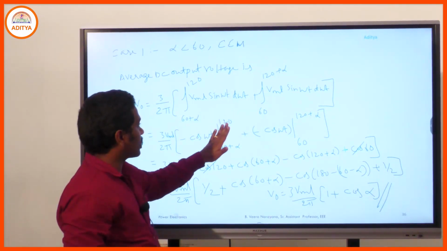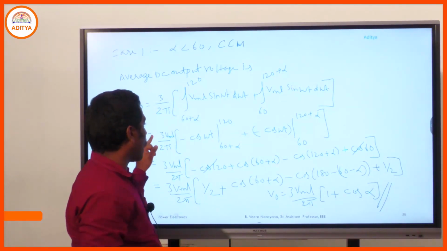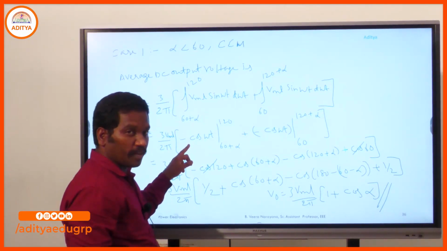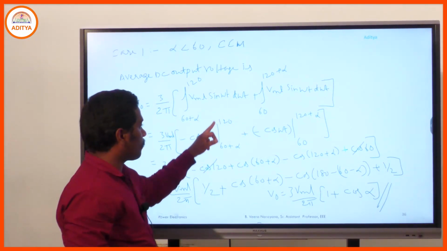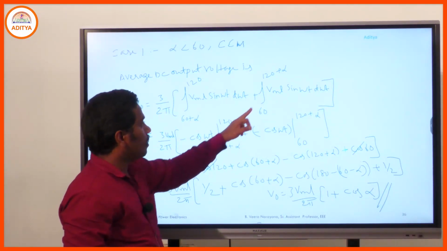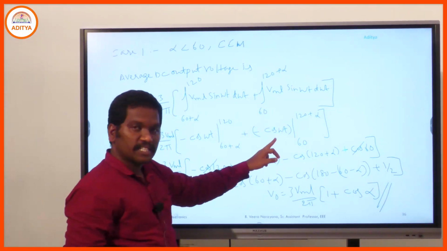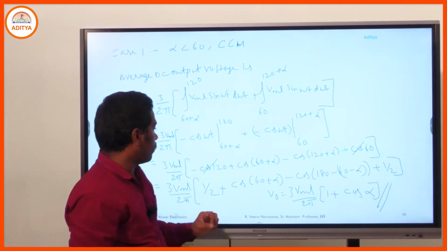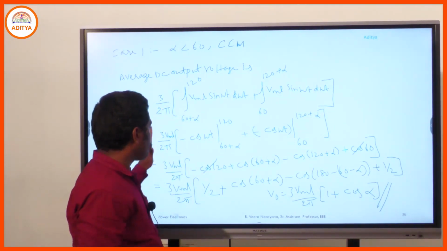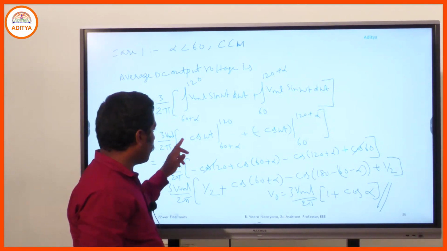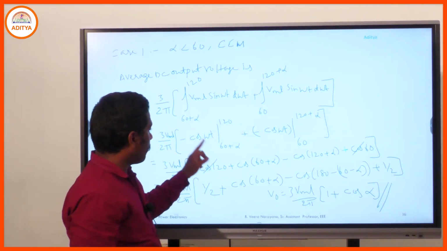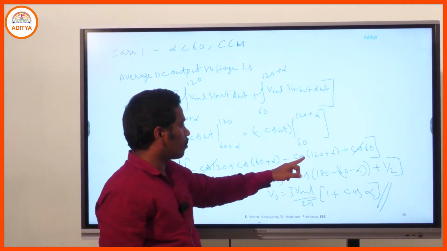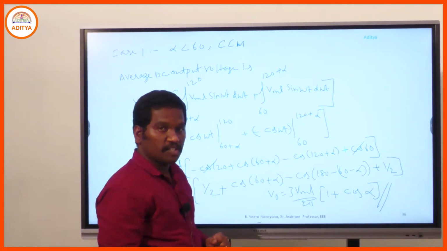By simplifying this expression, take VML common: 3 VML by 2 pi, integral of sin omega t is minus cos omega t between the limits 60 plus alpha to 120, plus integral of sin omega t is minus cos omega t between the limits 60 to 120 plus alpha. By simplifying, 3 VML by 2 pi times minus cos 120 minus of minus cos 60 plus alpha, minus cos 120 plus alpha plus cos 60.